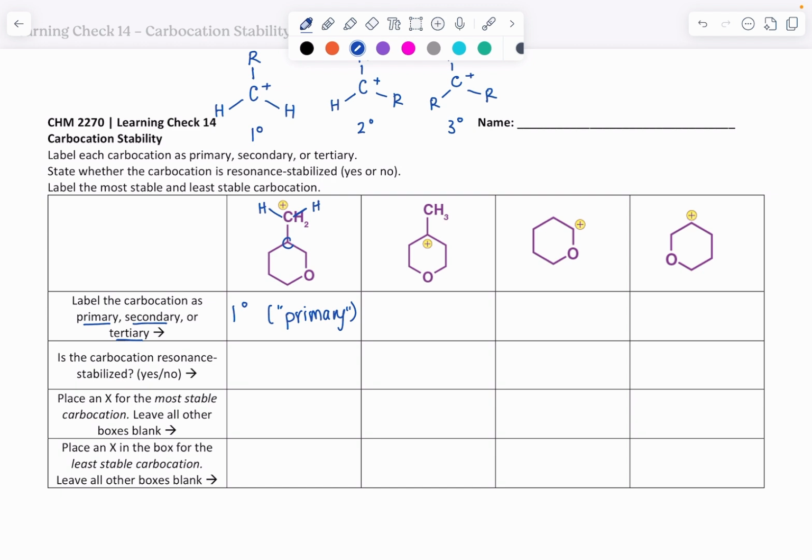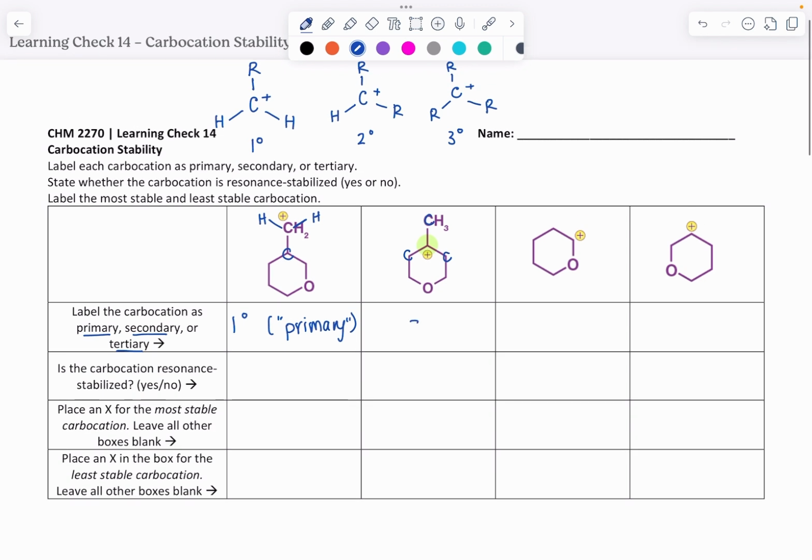The next molecule, our carbocation, is, let's just highlight these, that center carbon right there. That carbocation is bonded to three carbons, two carbons in the ring and then the carbon in the CH3 group. So this is a tertiary carbocation. Next molecule, carbocation, is right there.